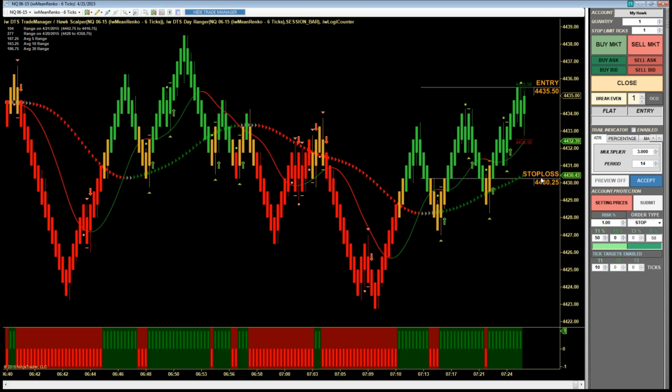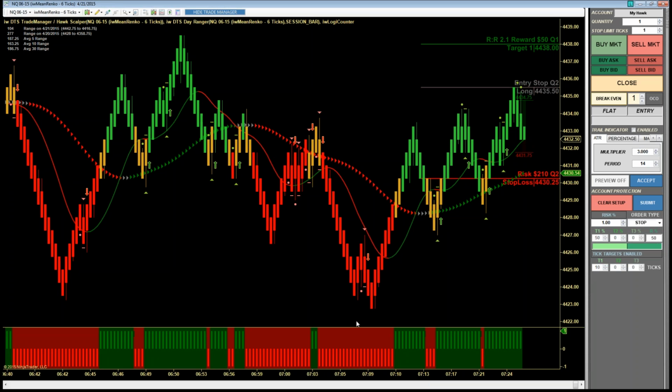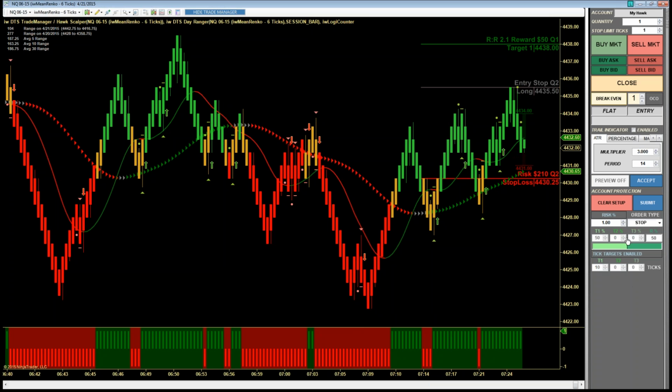Let's set it up like this. You can see it's going to peel off half my position. I can trade 2 contracts. It will take half my position at this target and leave the remainder on as a runner. Yeah, it's all done down here with these T1, T2, T3 target presets.